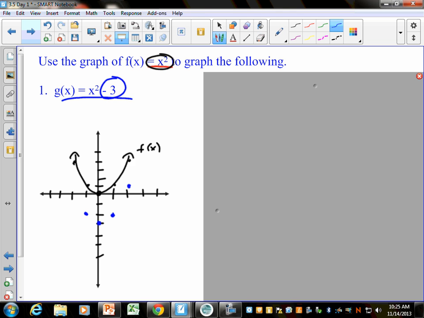Go over 2, 1, 2, 3, 4. Sometimes you realize how terrible you made your graph when you're trying to line that up. And so the shape hasn't changed. It's just shifted down 3. And that would be g of x. If you didn't know that, you just make an xy chart and you just pick a bunch of points until you get that shape.